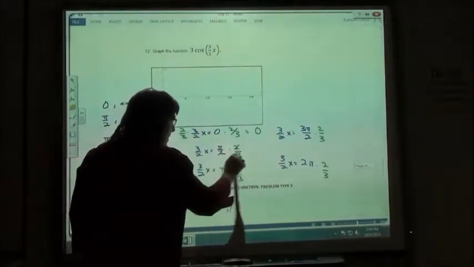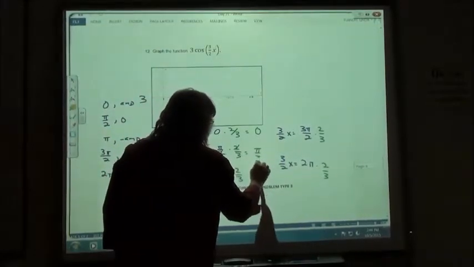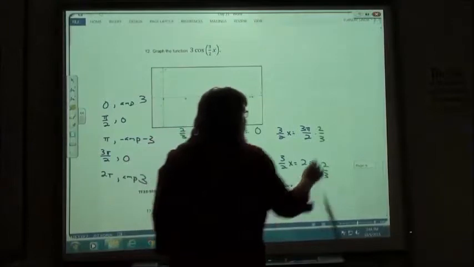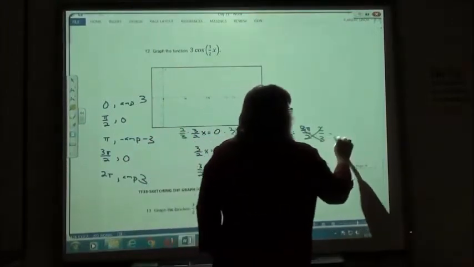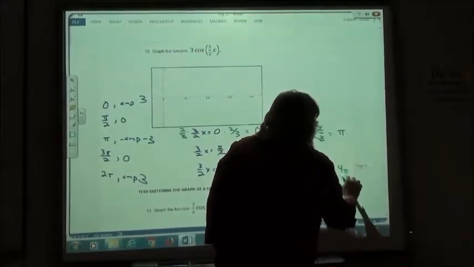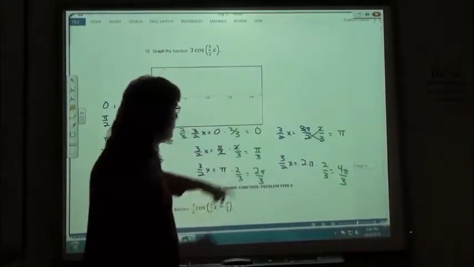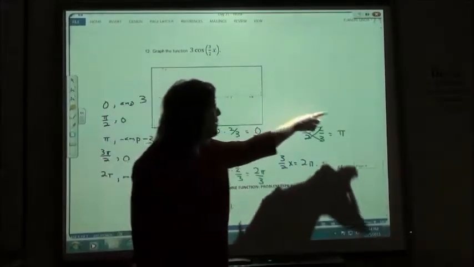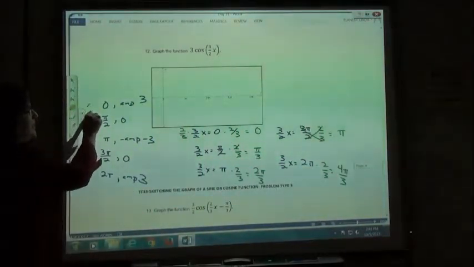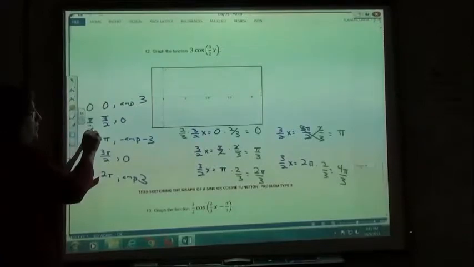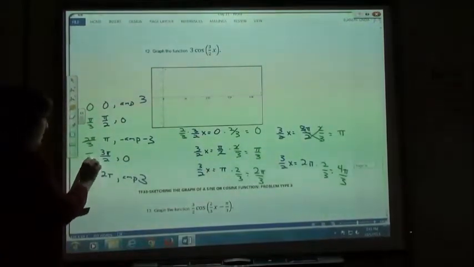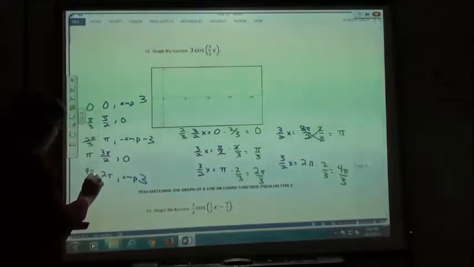Here the 2's cancel out, so pi over 3. Here I'm going to get 2 pi over 3. Here the 2's cancel out, the 3's cancel out, I just get pi, and there I'm going to get 4 pi over 3. So 1 pi over 3, 2 pi over 3, 3 pi over 3, 4 pi over 3. So this stays at 0, this is now pi over 3, this is 2 pi over 3, this would be pi, and this would be 4 pi over 3.